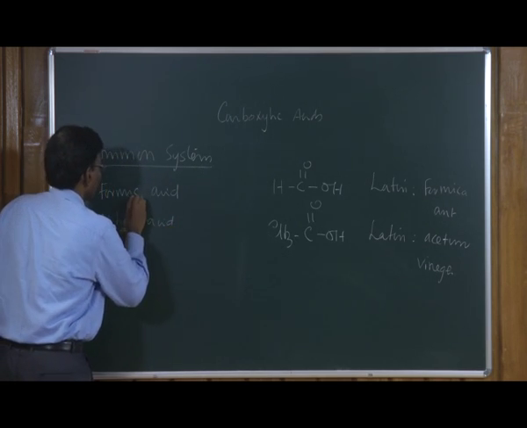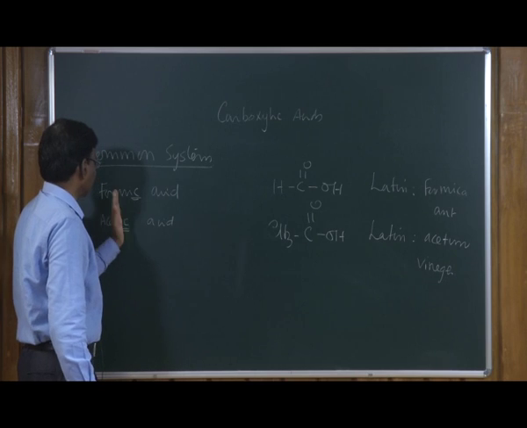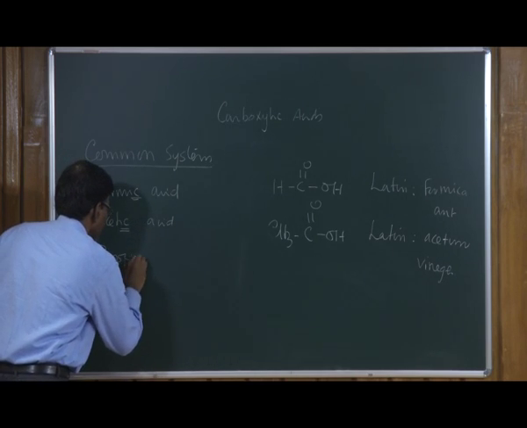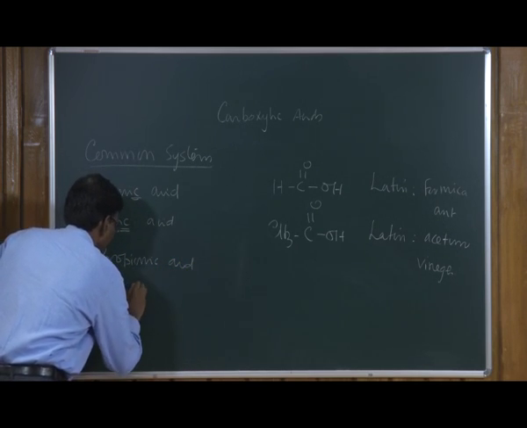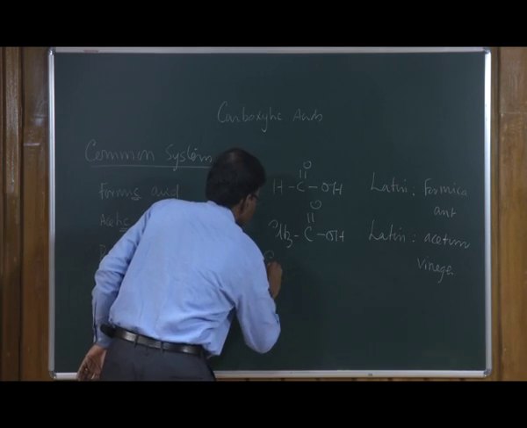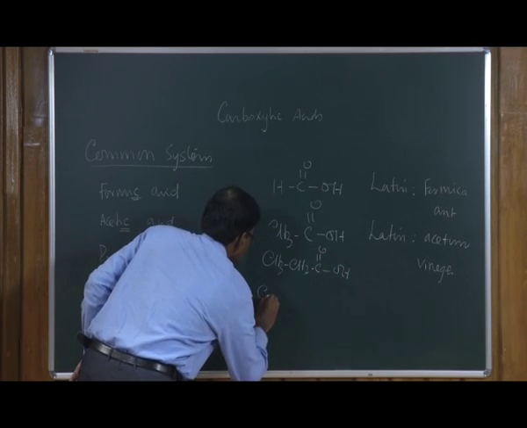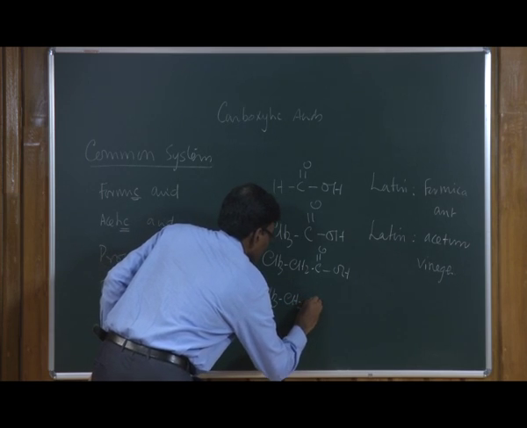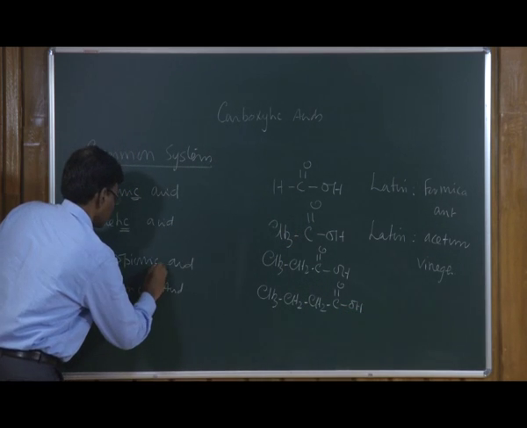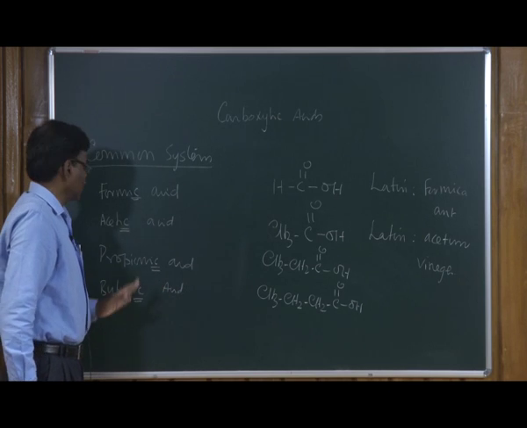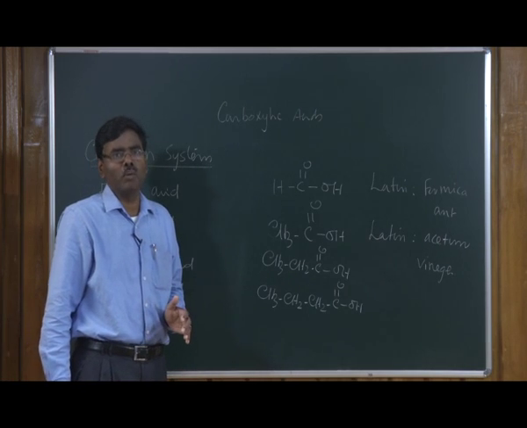I see all common names end with IC acid: acetic acid, formic acid, propionic acid, and butyric acid. These are examples for monocarboxylic acids.